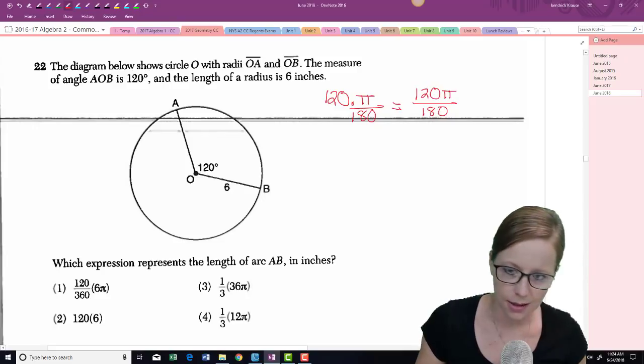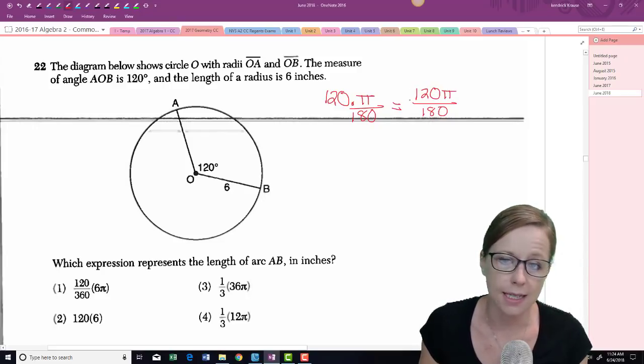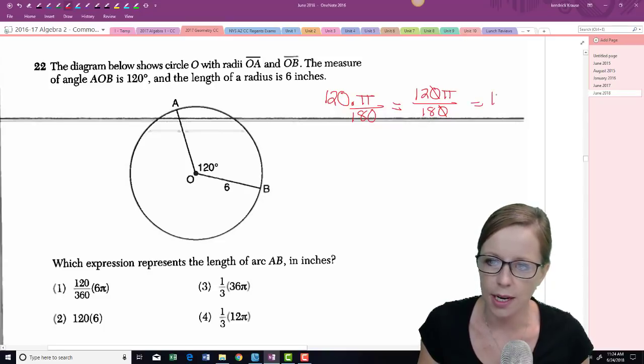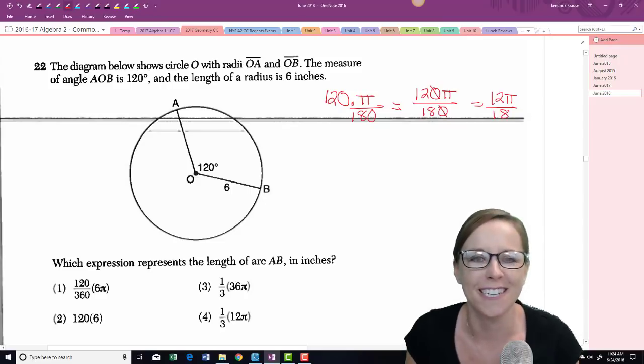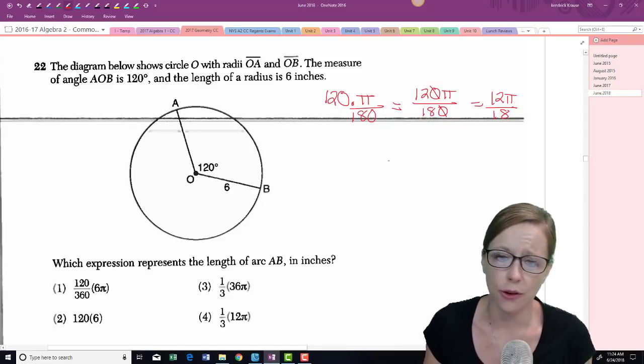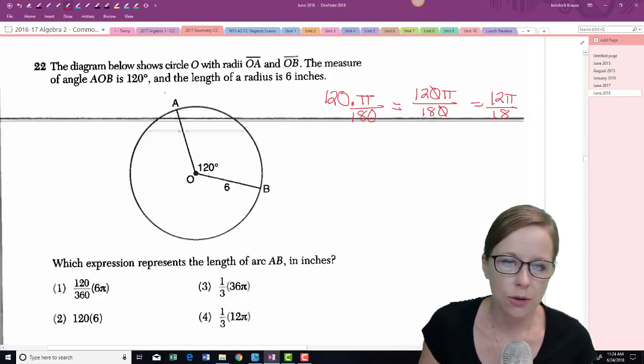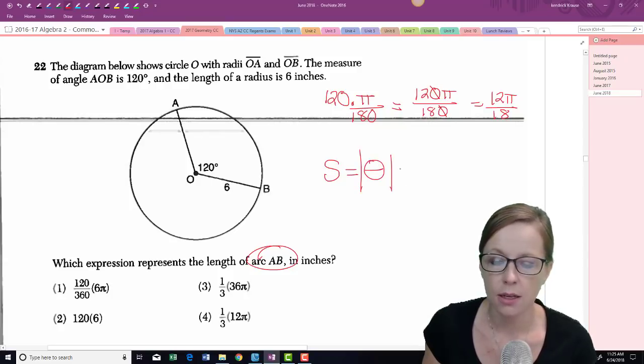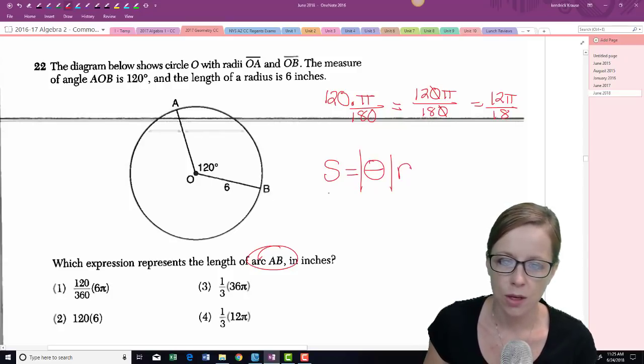Did I write anything else? No, I didn't. Okay, so that's our angle in radians. I didn't even reduce it. You could reduce that fraction, or 12 pi over 18, sorry, or you could reduce that fraction further. I didn't. You also have to know that the arc length formula: the length of the arc is equal to theta, it's really the absolute value of theta, times the radius.